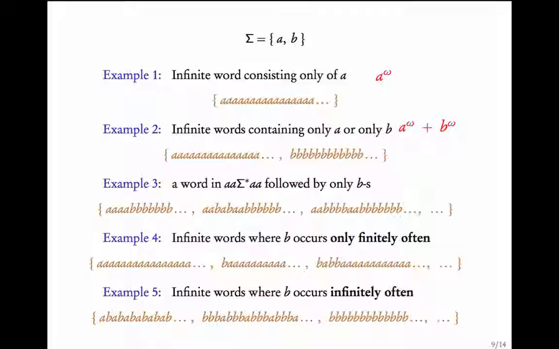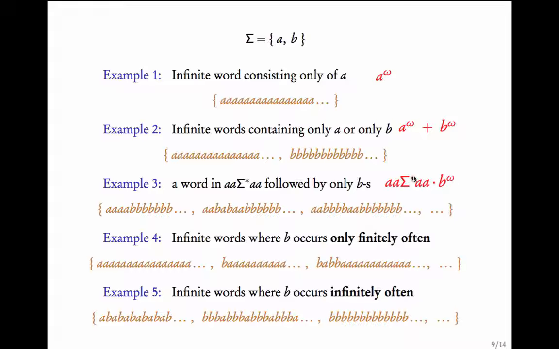You should note that these are all notations for these languages. What about this? Something in AA sigma star AA followed by only B's. Here it is: AA sigma star AA concatenated with the word B power omega.